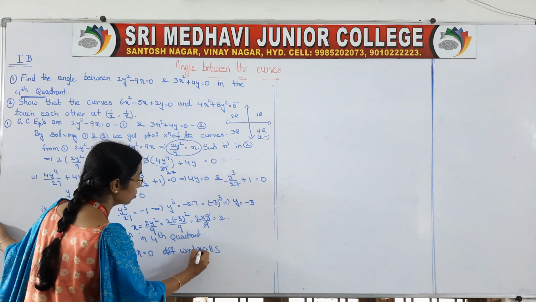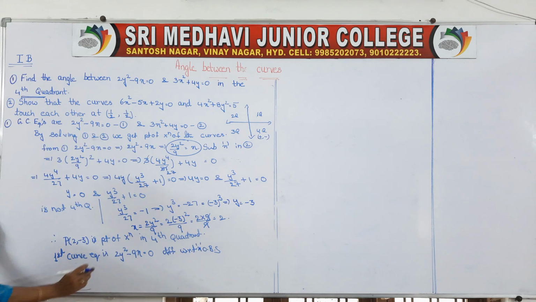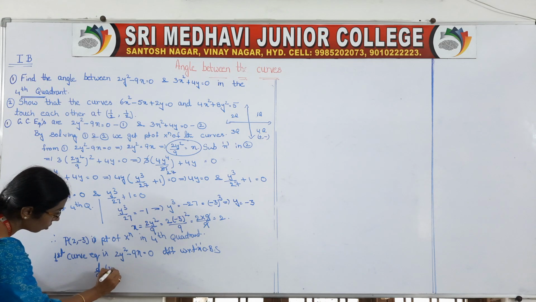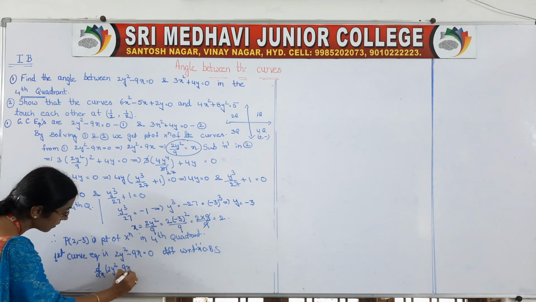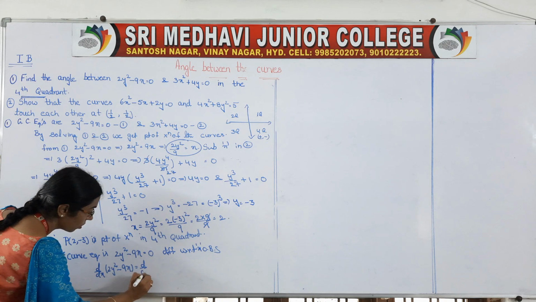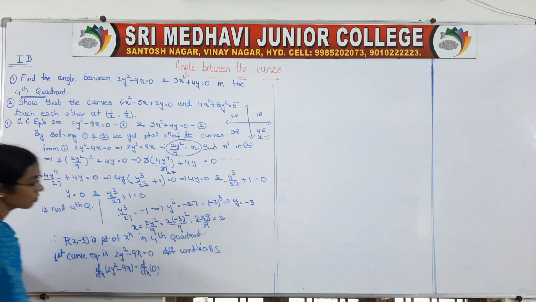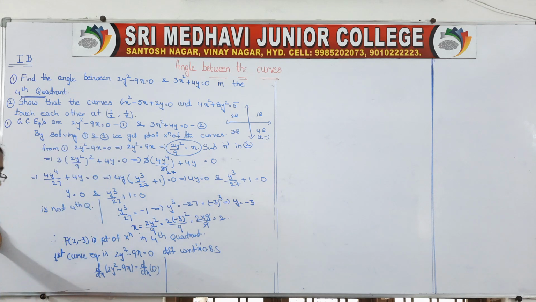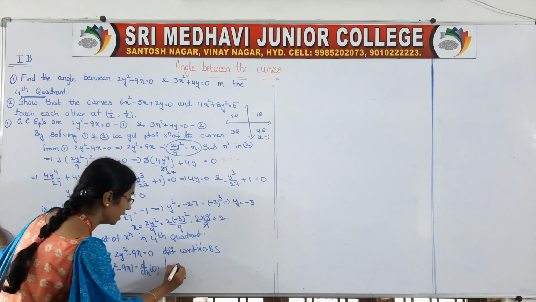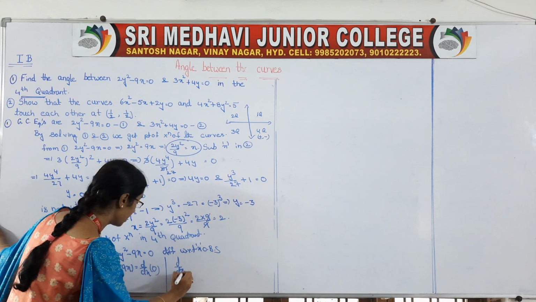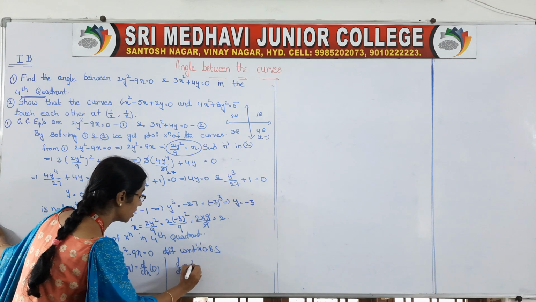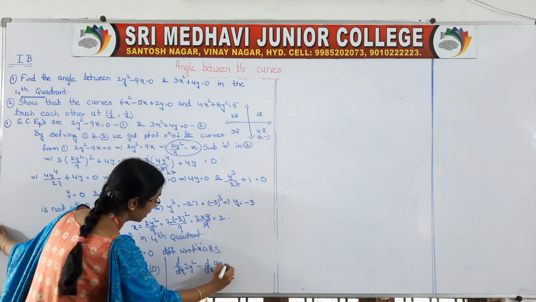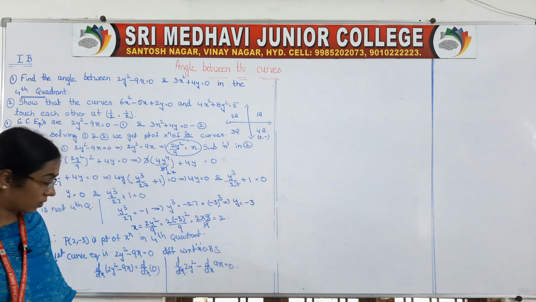Then d by dx of 2y square minus 9x is equal to d by dx of 0. Whenever there is plus or minus, we take separate derivatives. So it is d by dx of 2y square minus d by dx of 9x is equal to 0.